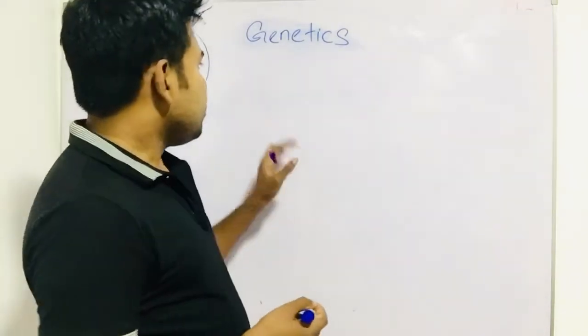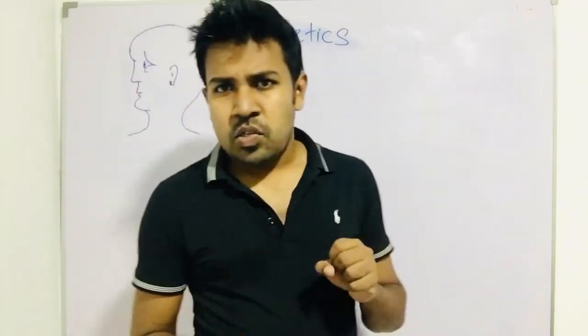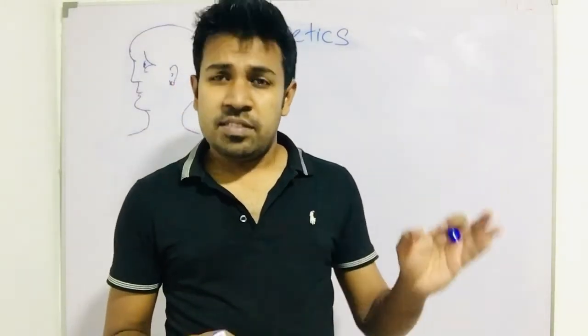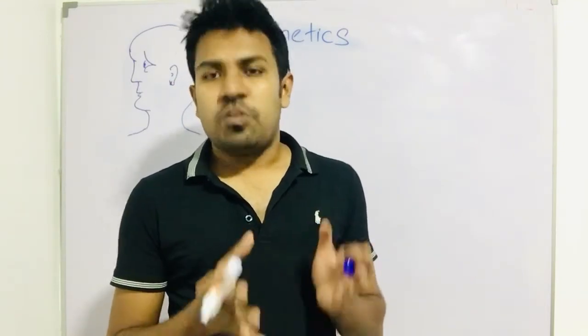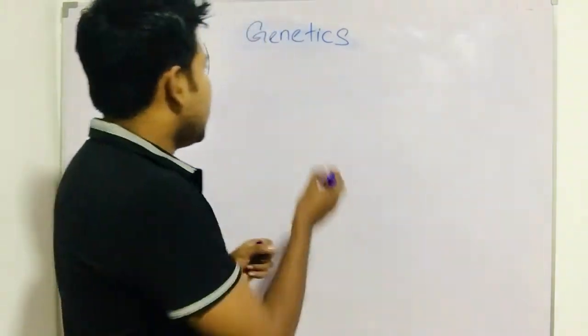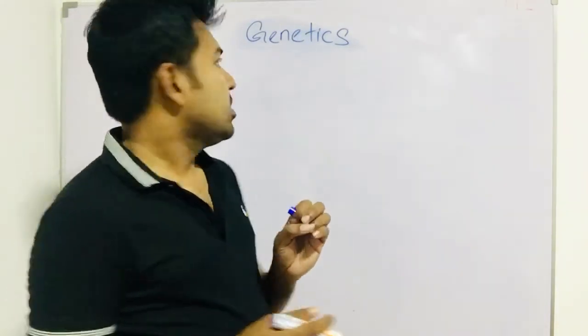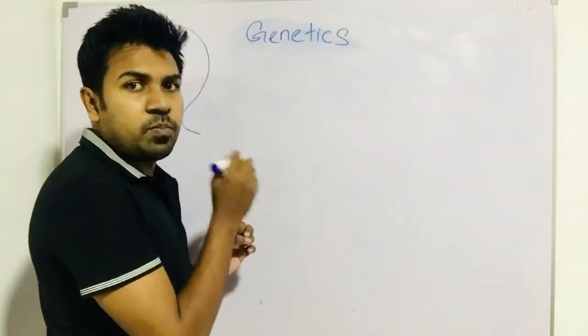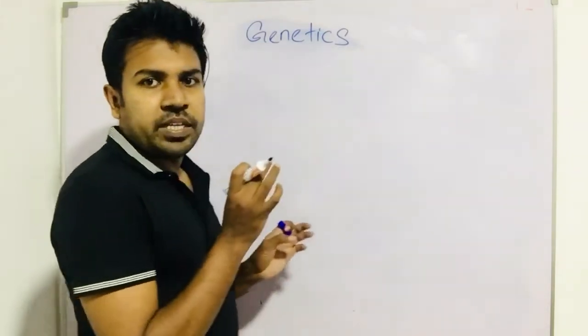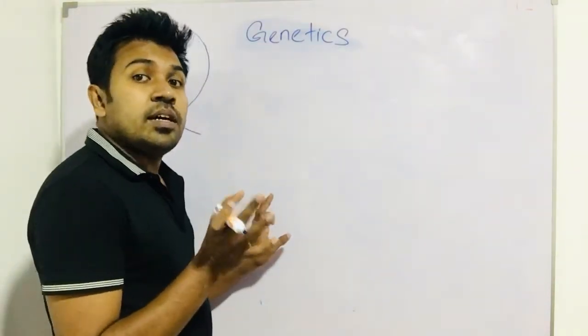So I will tell you what he did with the tall and short plants. He took pure breeding tall plants and pure breeding short plants. So what is pure breeding? That means it was not crossed earlier.